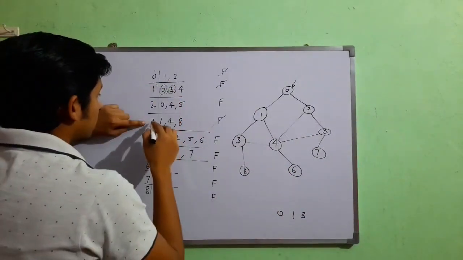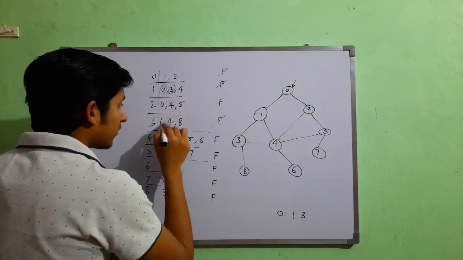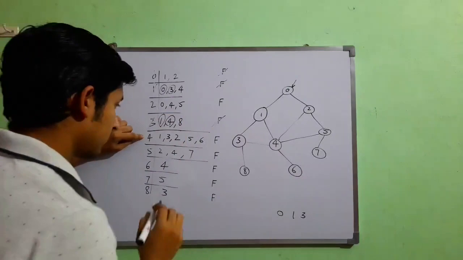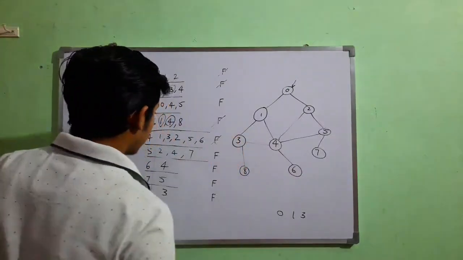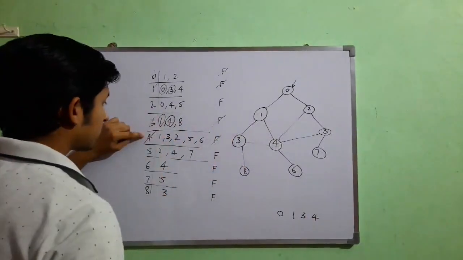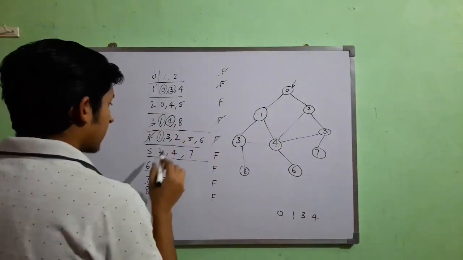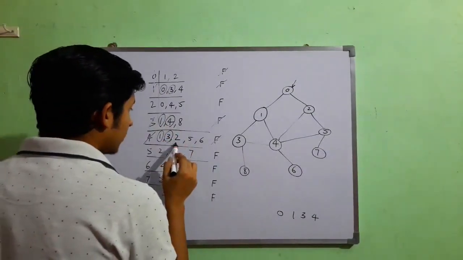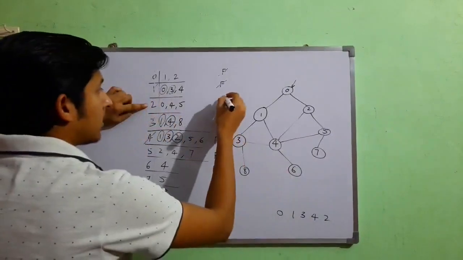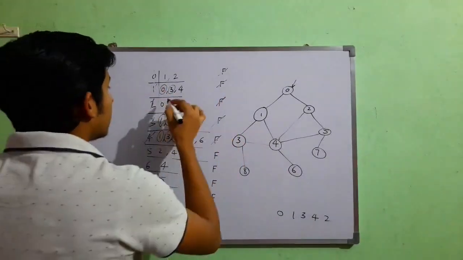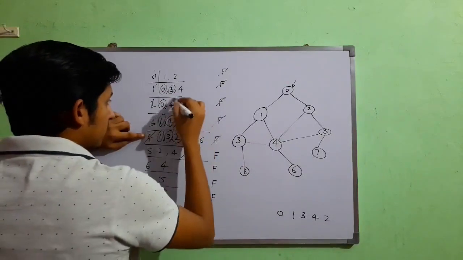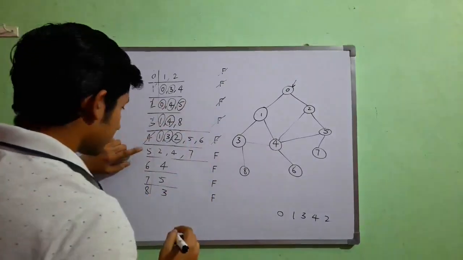Now 1 is visited already. 4 is here, so firstly I'll make this true, then 4, then this. 1 is visited already, 3 is visited, 2 is remaining. So 2, done. This is visited, this is visited, this is remaining.